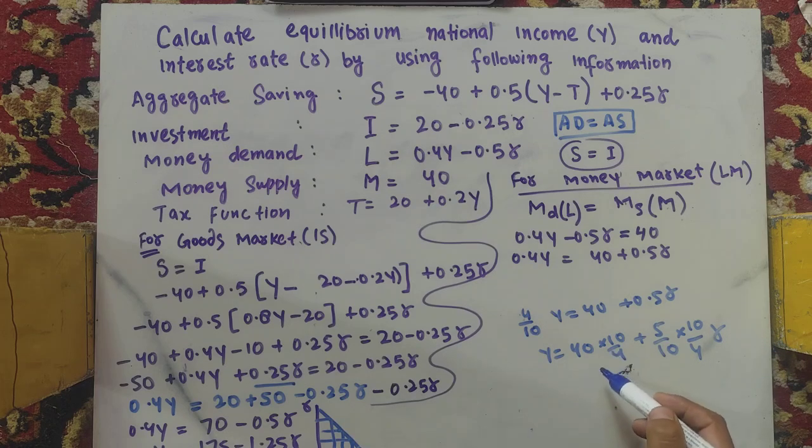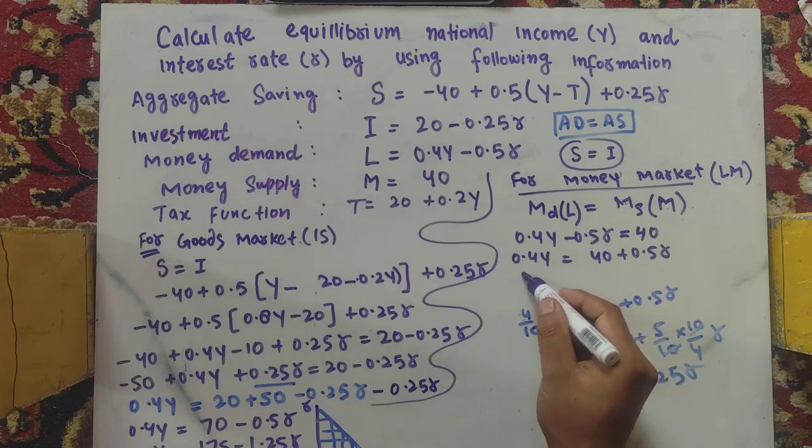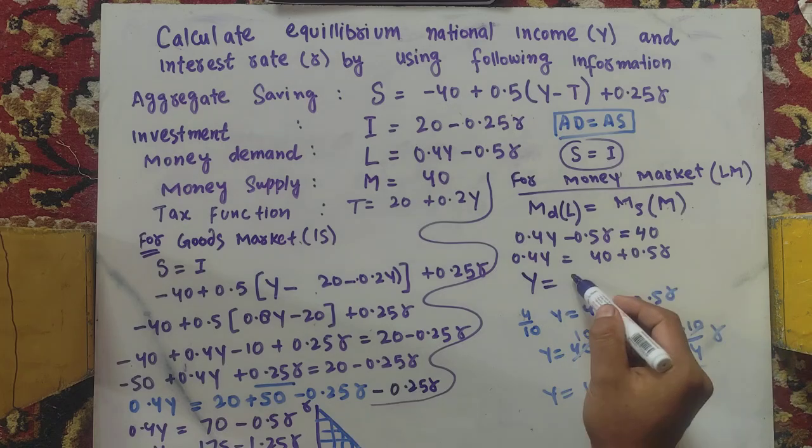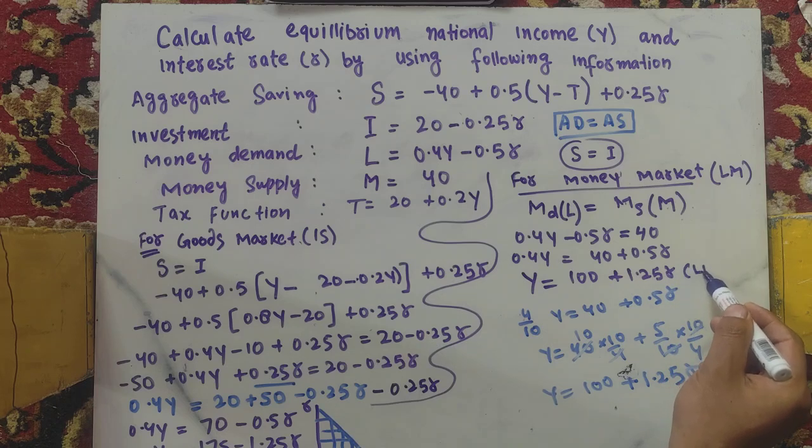So 4 ones are 4, y will be equal to 100. Here 10 gets cancelled. 5 upon 4 is equal to 1.25, as we calculated earlier. So y is equal to 100 plus 1.25 r. This is our LM equation.